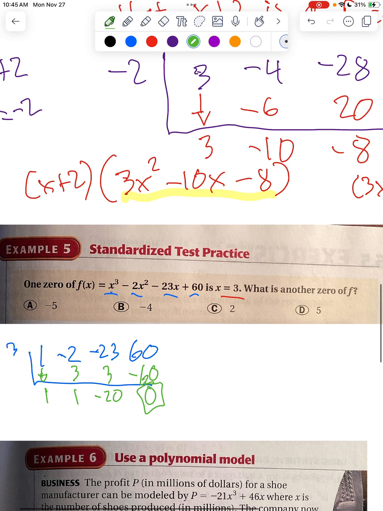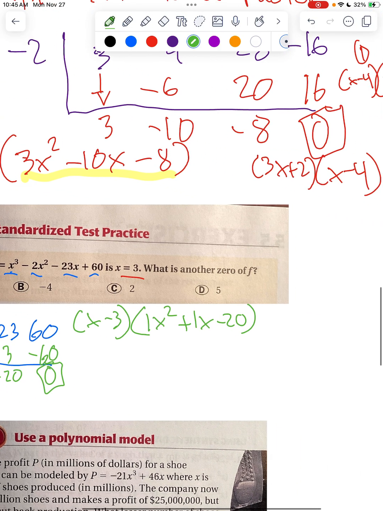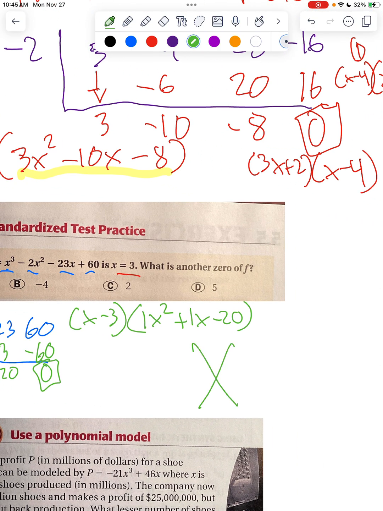So again, if I were to write it, we already know that x minus 3 is a factor. And now we would say that it is 1x squared plus 1x minus 20. I'm going to think, what two numbers add to get 1 but multiply to get negative 20? And it's a positive 1, so that's going to be positive 5 and negative 4.